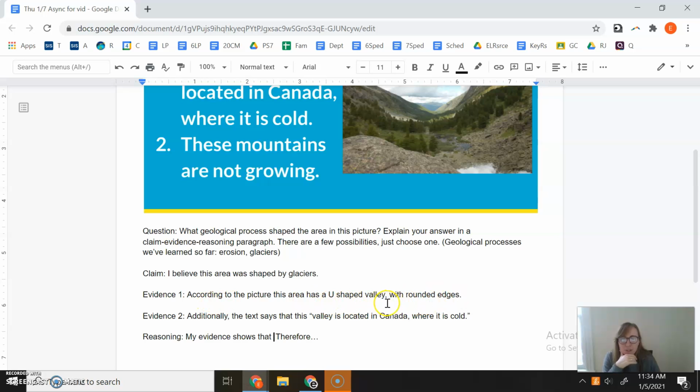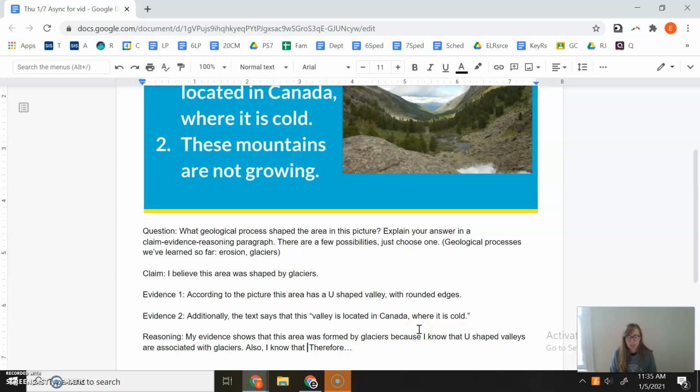Okay, so my first piece of evidence supports that it's glaciers because I know that U-shaped valleys happen where glaciers have occurred. My evidence shows that this area was formed by glaciers because I know that U-shaped valleys are associated with, that means like connected to, glaciers. Also, I know that, so now I'm moving on to my second piece of evidence and explaining that.